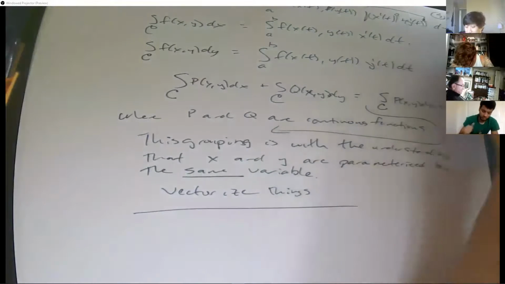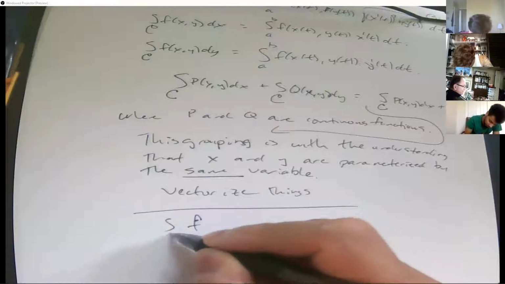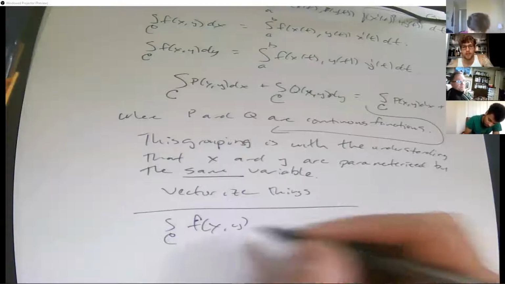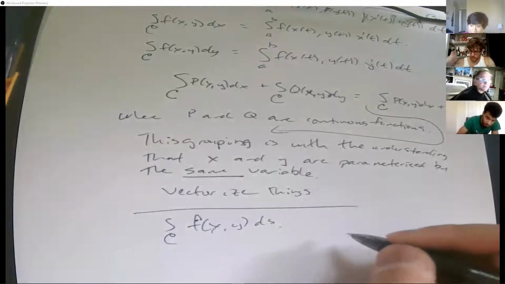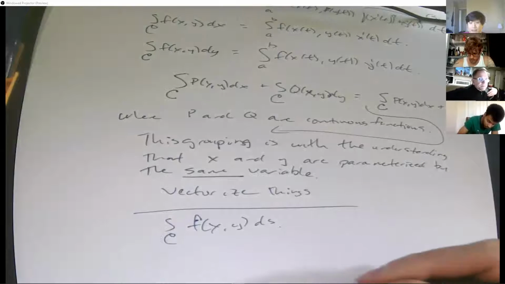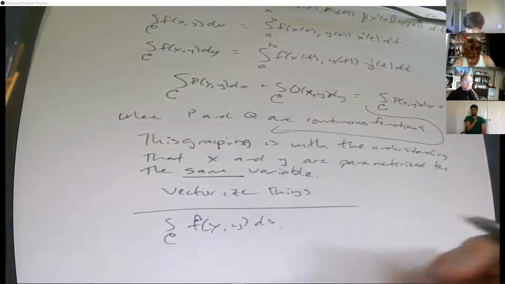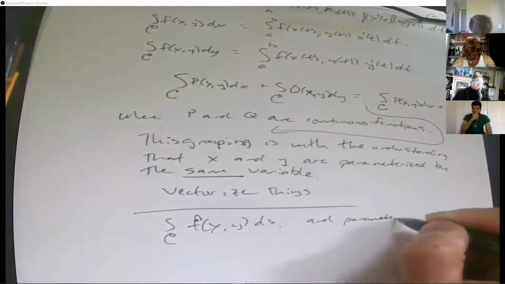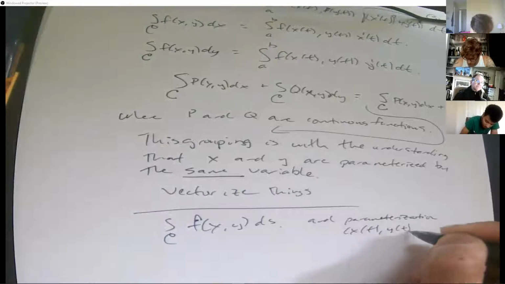So if I am integrating ds, I can describe my parameterization as a vector valued function, x of t, y of t.